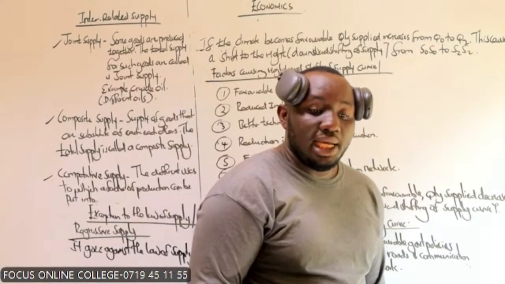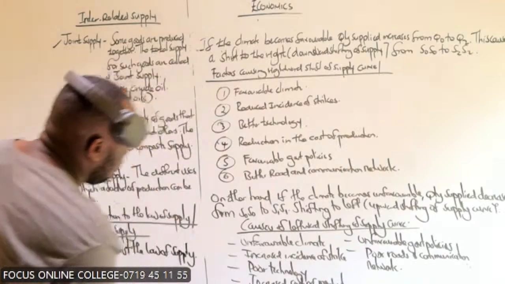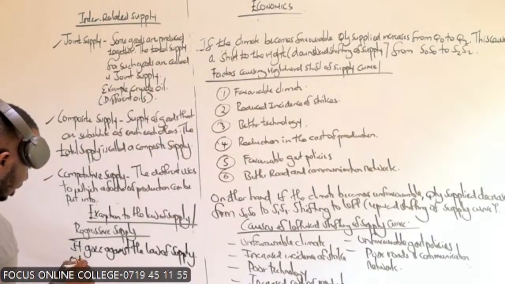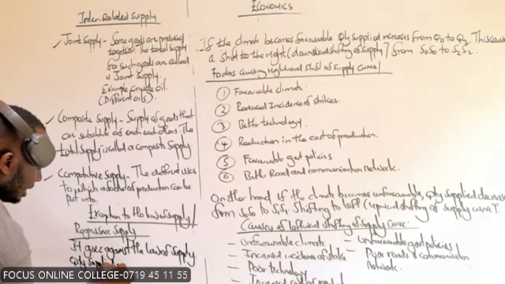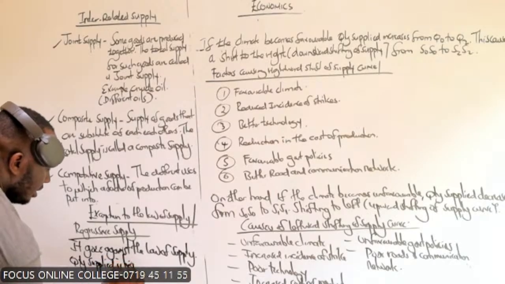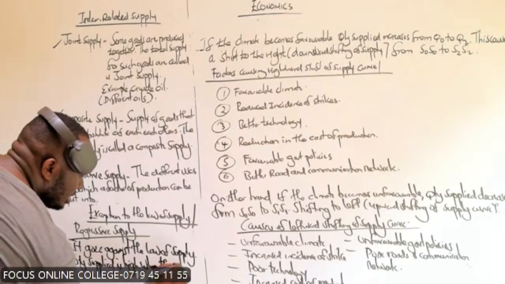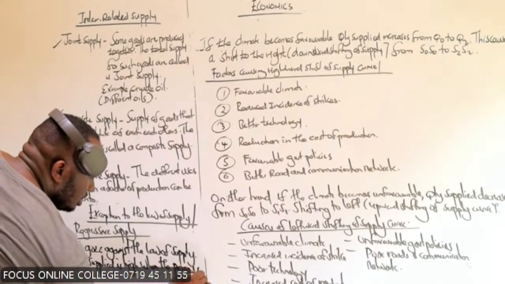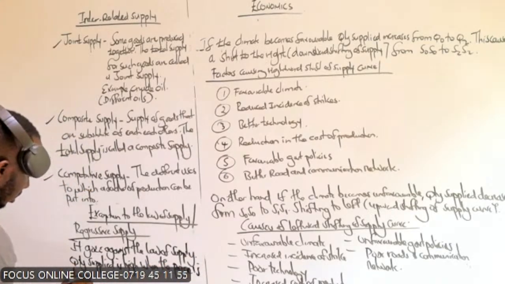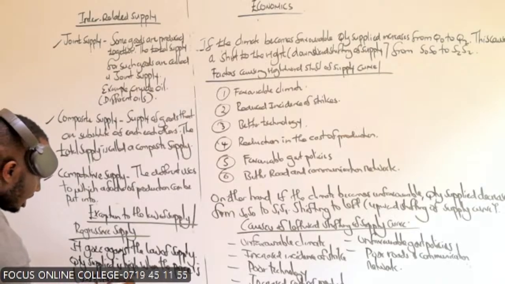Exceptions basically go against the law of supply. So the quantity supplied is high when the price is low, and vice versa. So this is now the opposite.